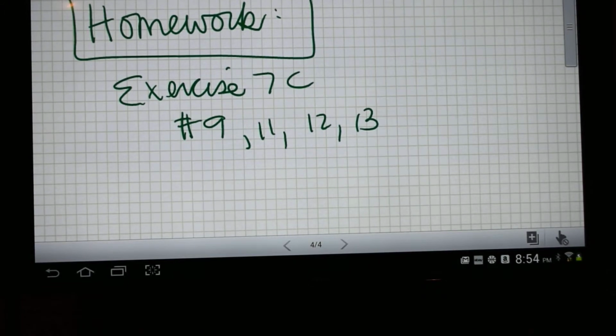From 14 on, it gets a little weird. But number 18 is just like the example that we did, the first example. That's just like the example that we did. So you should be able to handle that.